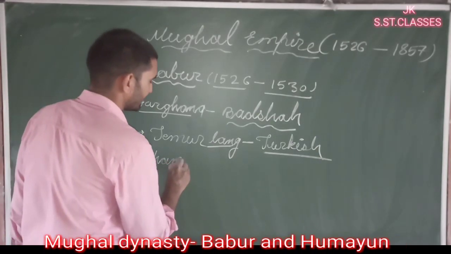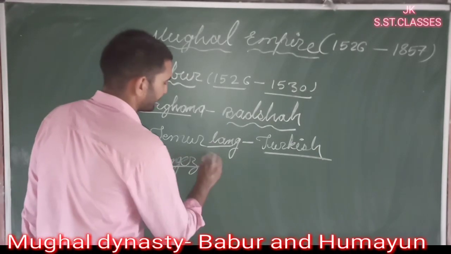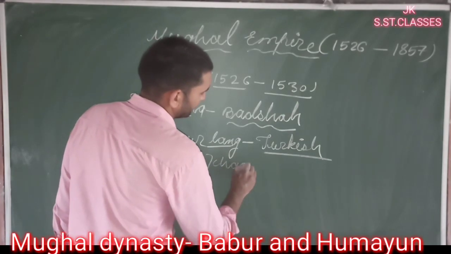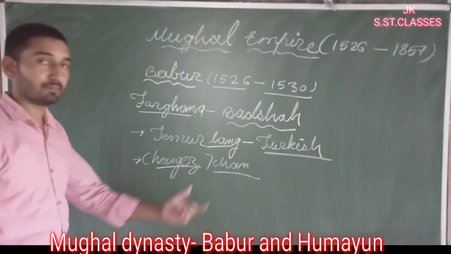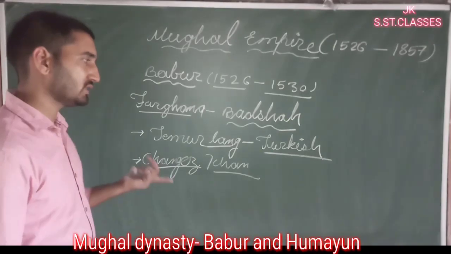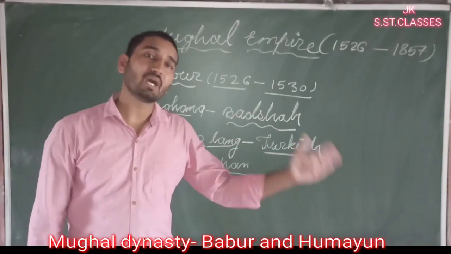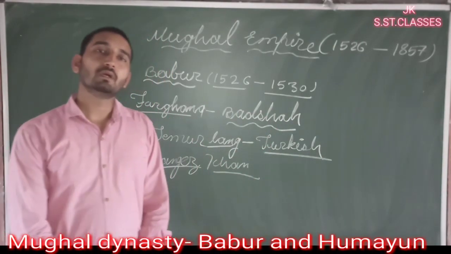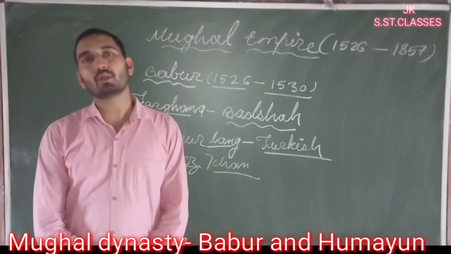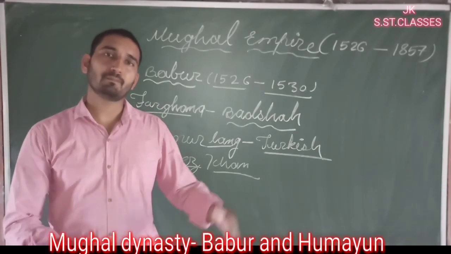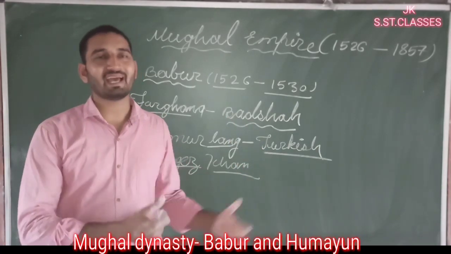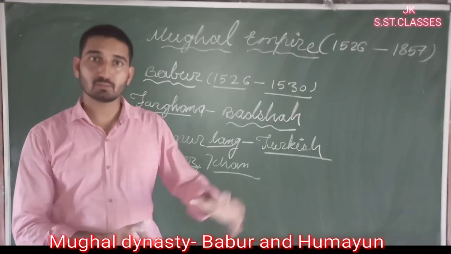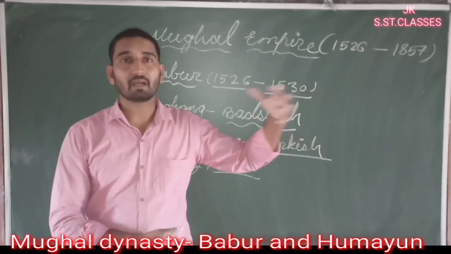His mother was the descendant of Mongol Genghis Khan, and on the basis of Mongol, the dynasty established by Babur got a new name, known as the Mughal dynasty. So Mughal because of Mongol.